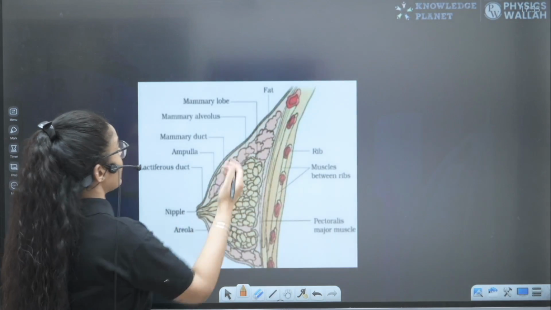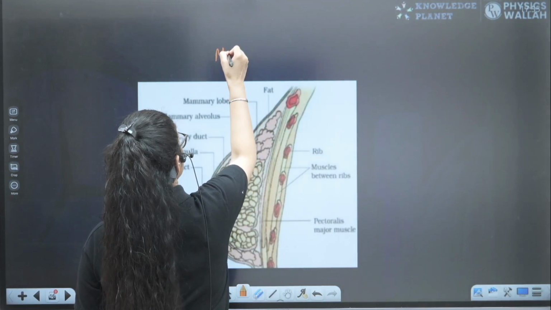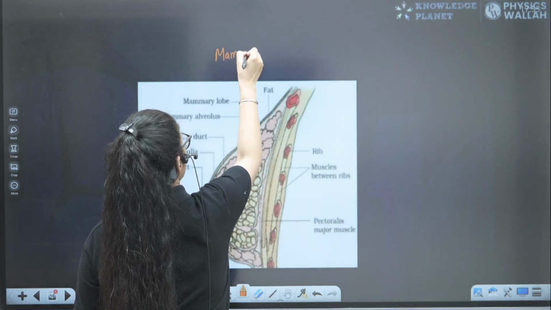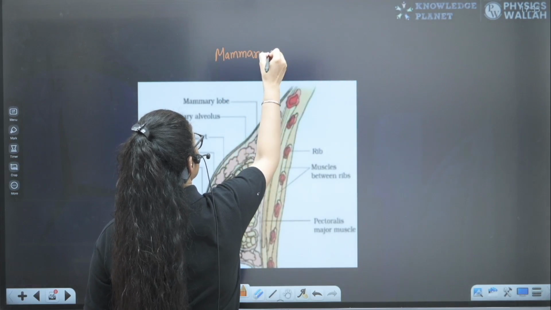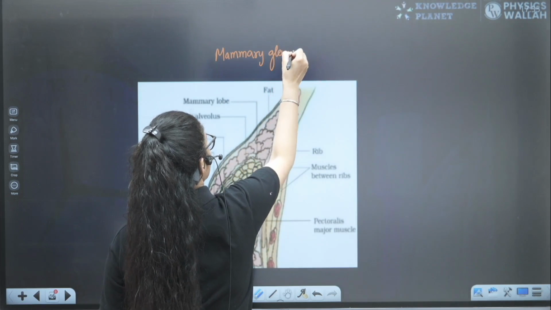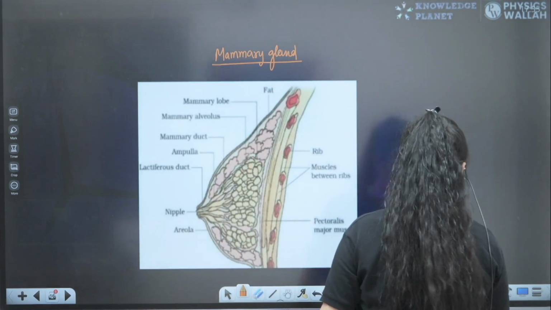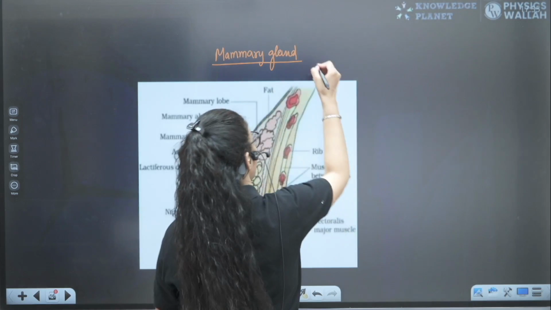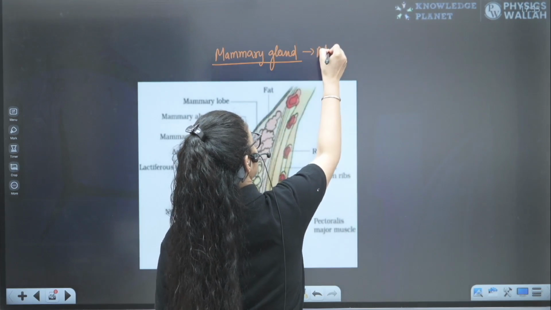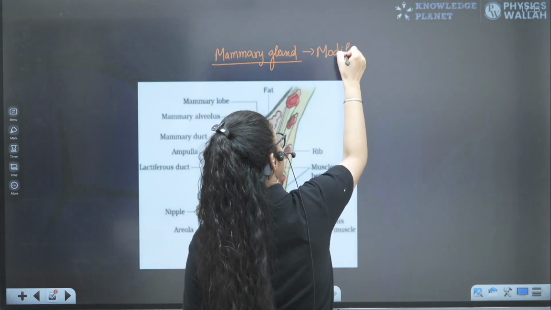So now another topic is the mammary gland. The mammary gland is present in the human female, right? It's a modified sweat gland. You have to remember, important. Yes, you have heard it right.